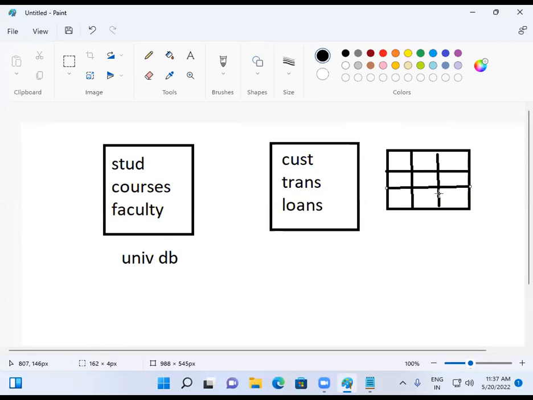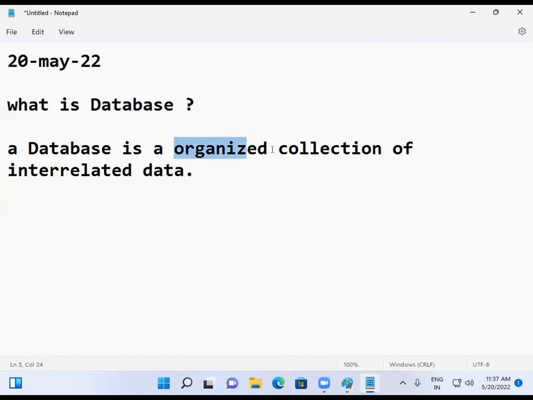Suppose you want to find customer data: go to the customer table and find it. You want to find the loans: go to the loans table and find the loans data. Understood? That is the reason, in the definition, I said organized collection of interrelated data.